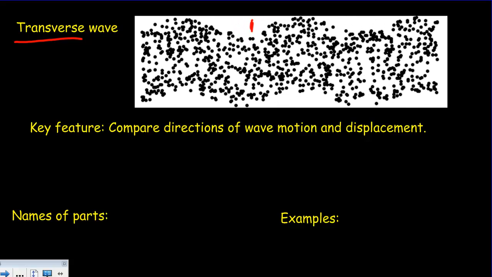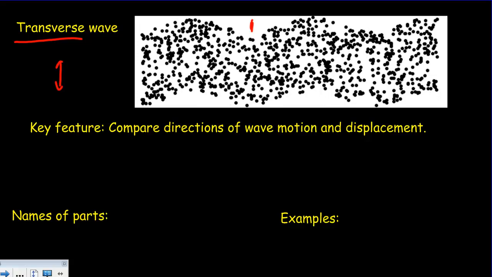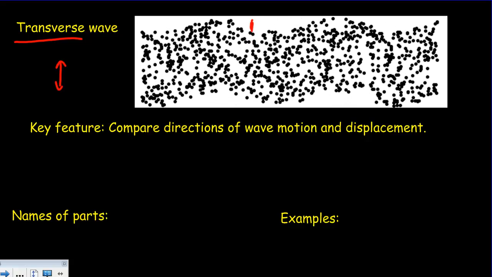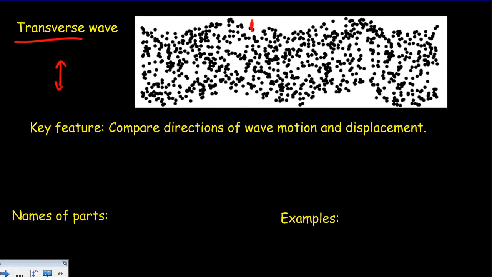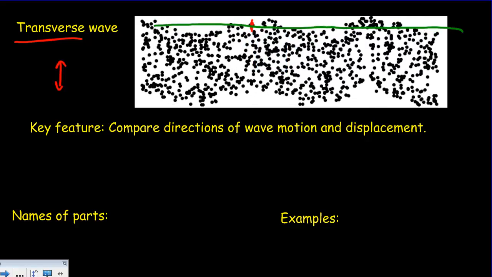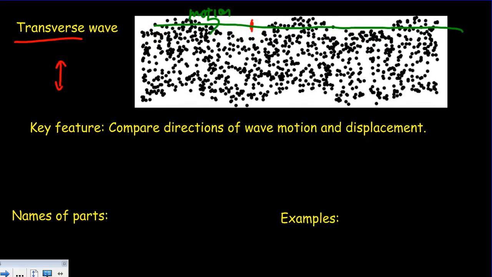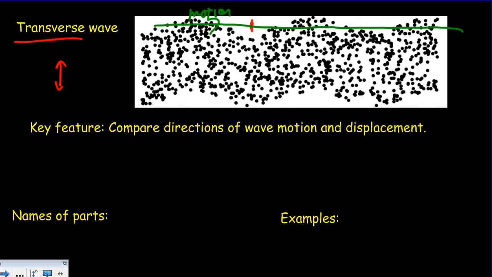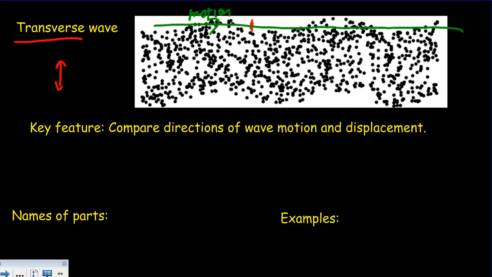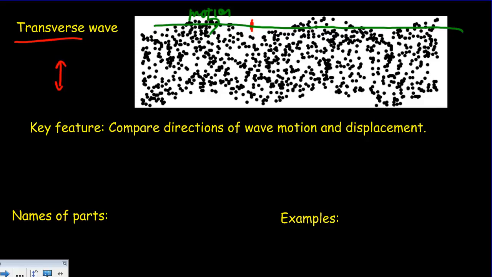So you've got oscillations that are up and down, but the actual movement of the wave, if I try to follow a crest along here, so I'm going to try to get in sync with a crest and move across, my motion of a crest is perpendicular or transverse to the vibrations of the particles. And that's the key feature of a transverse wave.